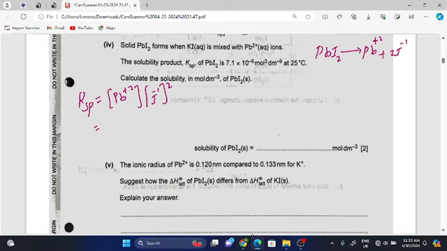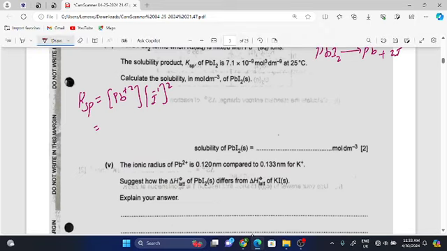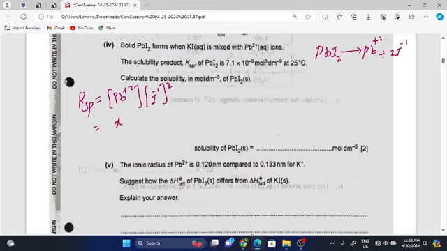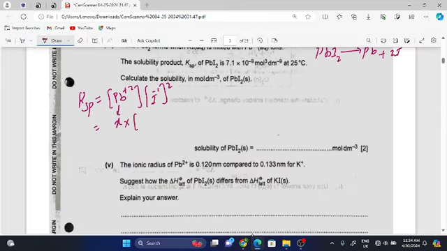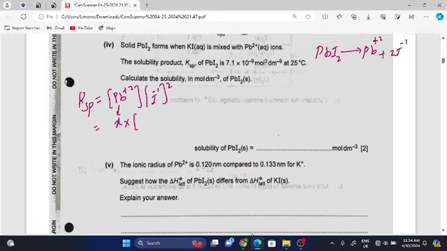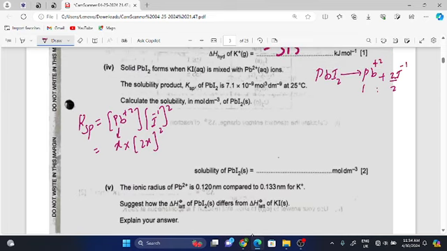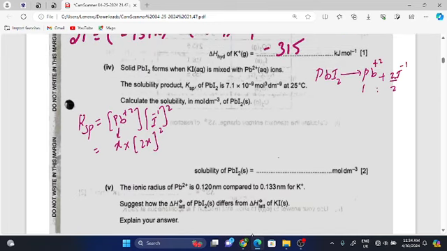I don't know the concentration of Pb ions or iodide ions, so I use x for Pb, times, since there is a ratio of 1:2, 2x whole squared for iodide. Instead of x only, I write 2x, because 1:2 is the molar ratio for lead and iodide ions.